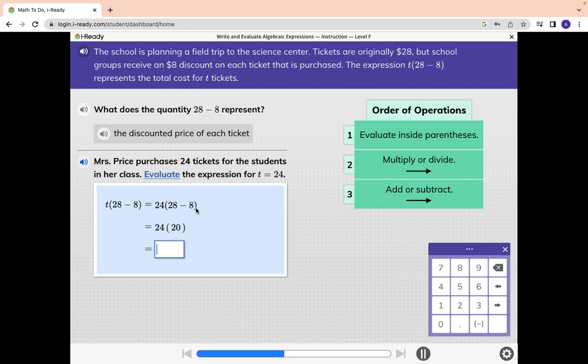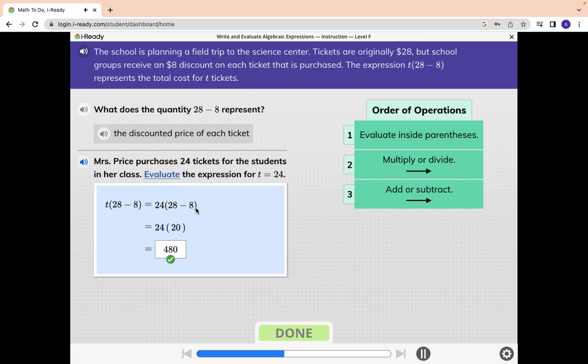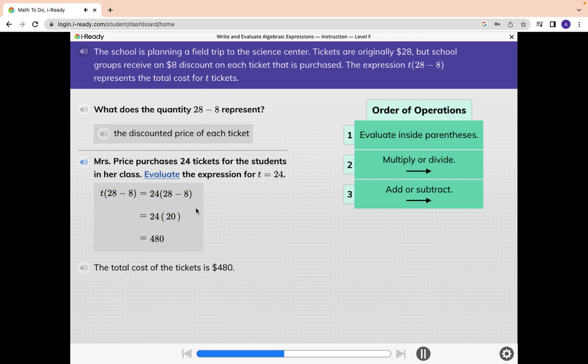We need to first do 24 times 2 because the 20 is the quantity in parentheses. And also, there's a 0 at the end, so we're not doing 24 times 20 yet. We add the 0 after. So 24 times 2 equals 48. So 48, we need to add a 0 at the end, so 480 should be the right answer. That's a little bit expensive. The total cost of the tickets is $480.